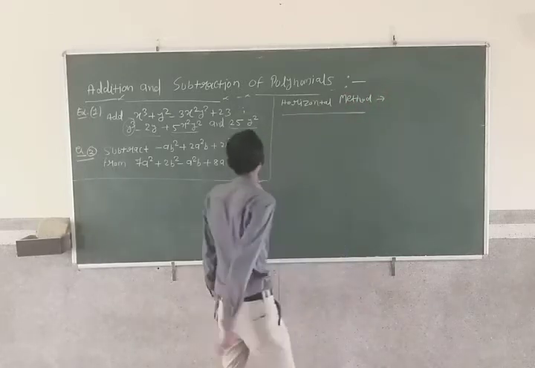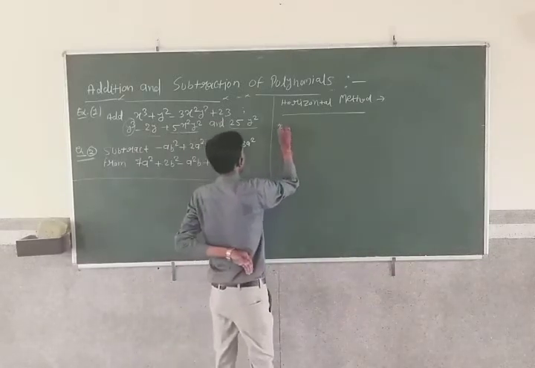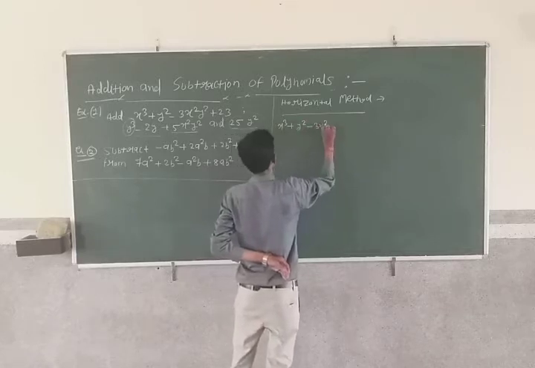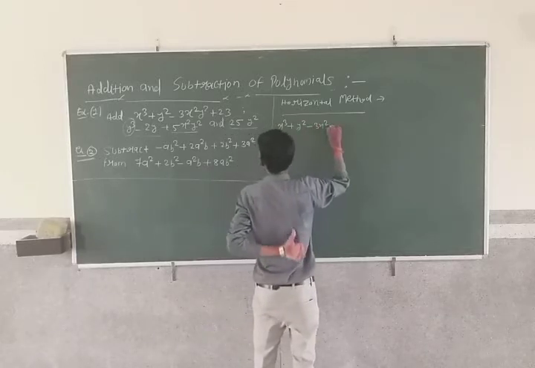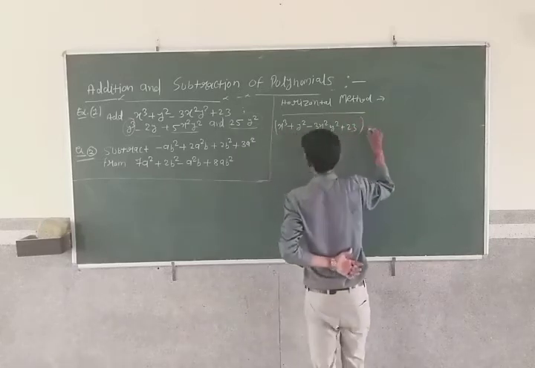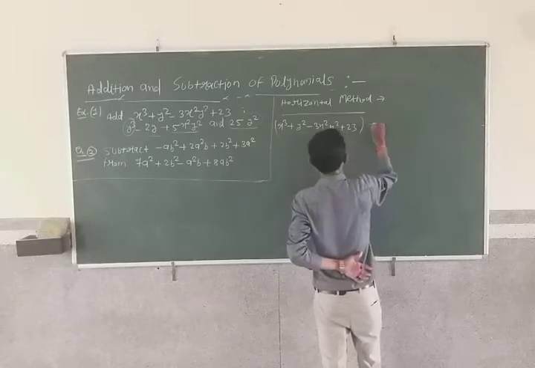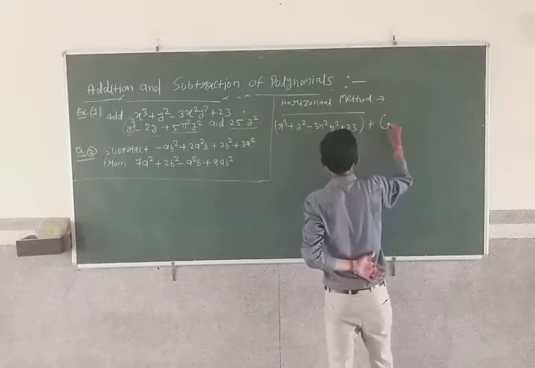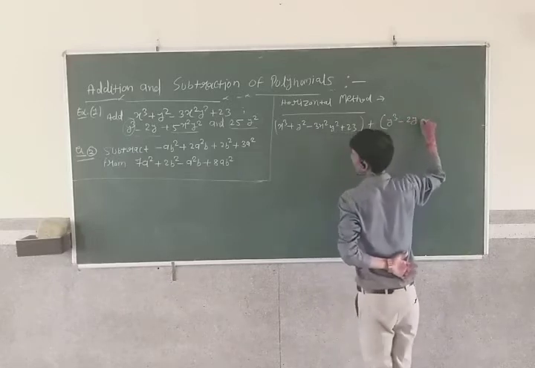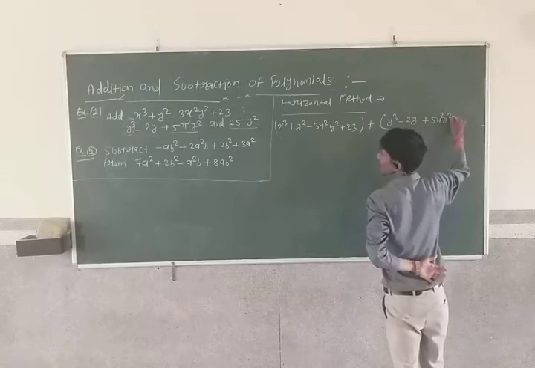If I solve the same question with the horizontal method, then how will I write? First of all, I will write the first polynomial, whatever is given. Then plus, because we need to add, I will write plus, and then the second polynomial, y cube minus 2y plus 5x squared y squared.